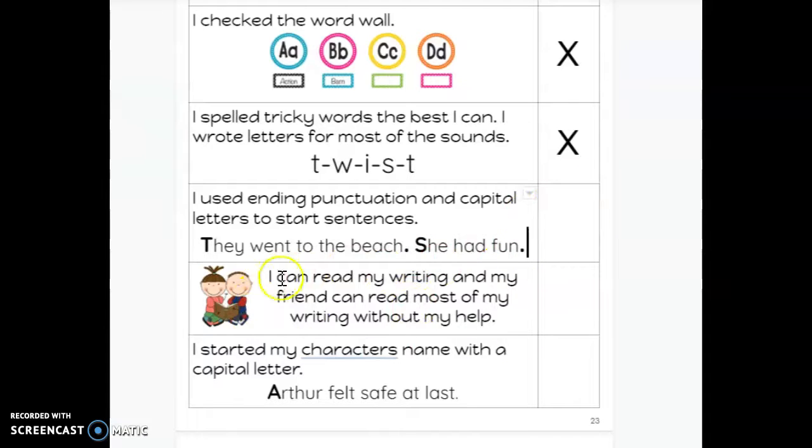And I could read my writing to myself, and I'm going to check and see if a friend could read my writing too. And I started my character's name with a capital letter. Remember, my character's name is Arthur. So all of the names Arthur have to be made with a capital letter. That is super, super important.